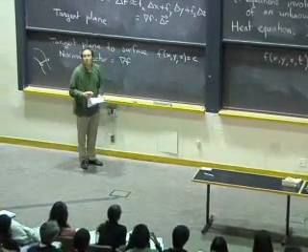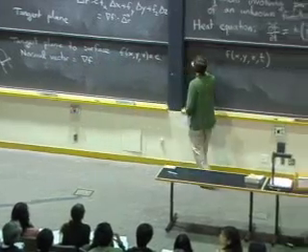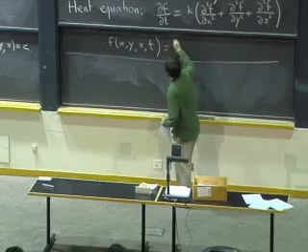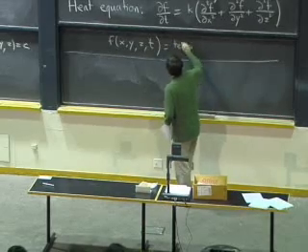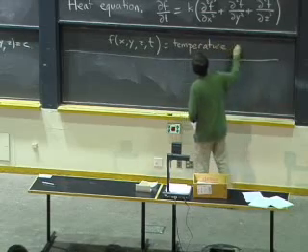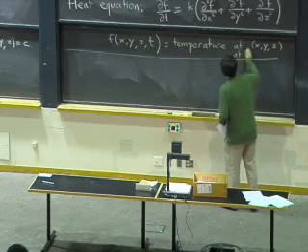Okay. If there's no further questions, let me continue and go back to my list of topics. Oh, sorry, I should have written down that this equation is solved by temperature at the point x, y, z at time t.